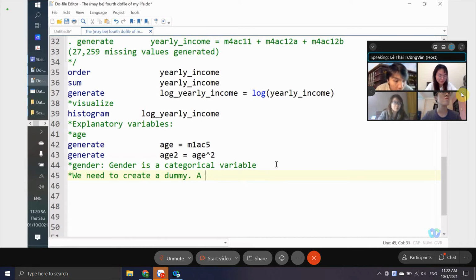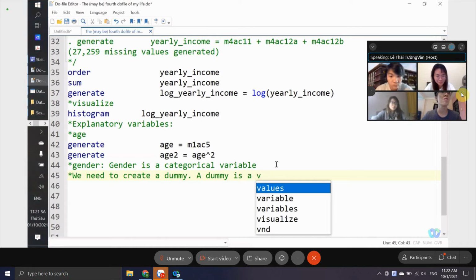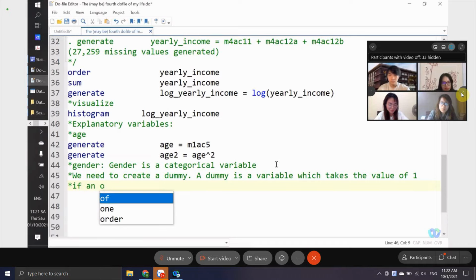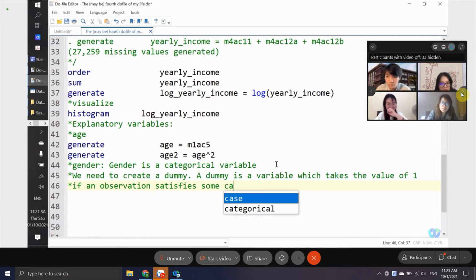A dummy is a variable which takes the value of 1 if an observation satisfies some characteristics, some conditions, and 0 otherwise.